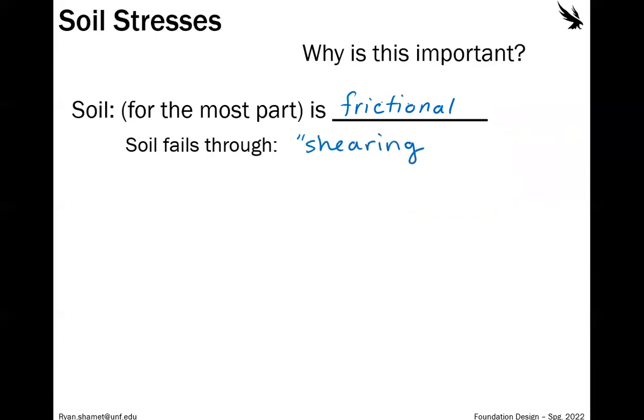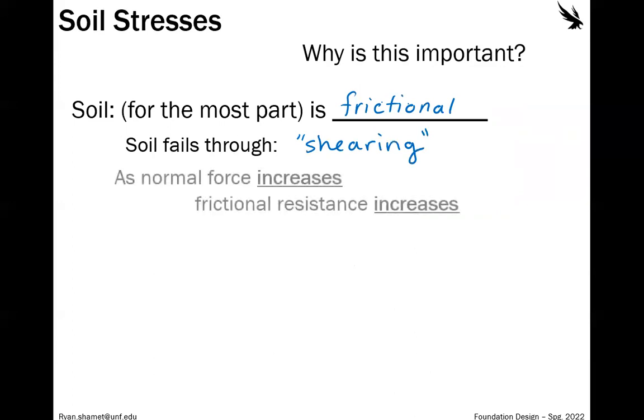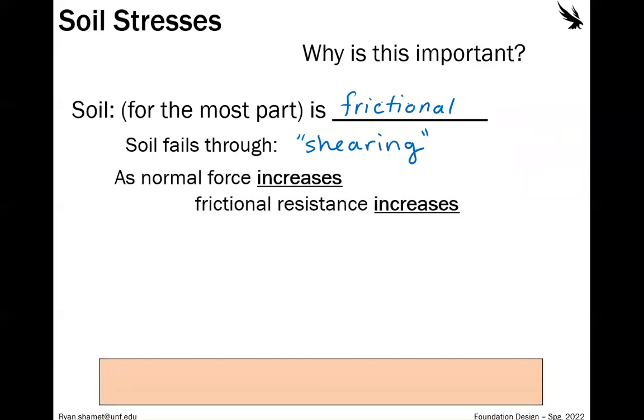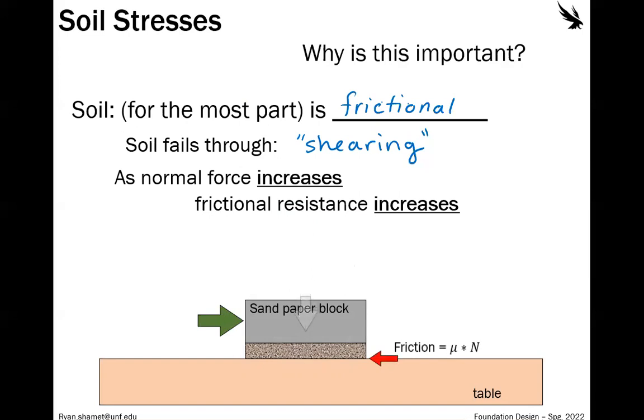The best way to visualize this is like a sandpaper block. If you had just a block sitting on here, it'd be easy to push it, right? Because that friction is light. But if you were to stack a bunch of weights on top of that sandpaper and increase the normal weight, then it would be harder to push. The friction would increase because it's proportional to that normal weight.